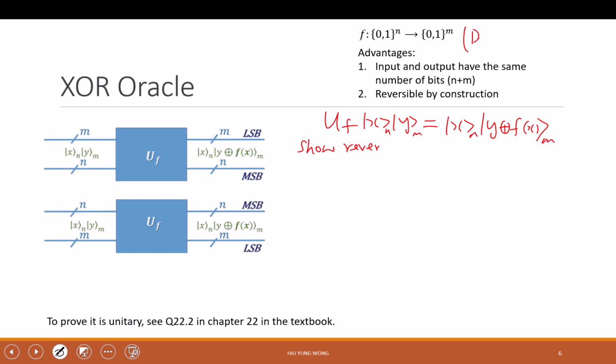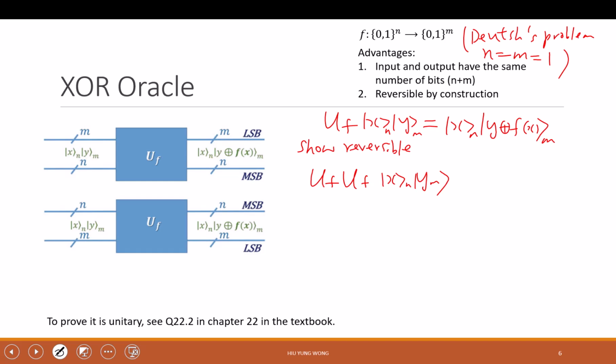So in the Deutsch problem, it's very simple, n equals m equals 1, because we have one qubit input and one qubit output. I want to show it's reversible. This is very easy. So what do I do? I apply U_F to x and y_m. I do it 2 times.